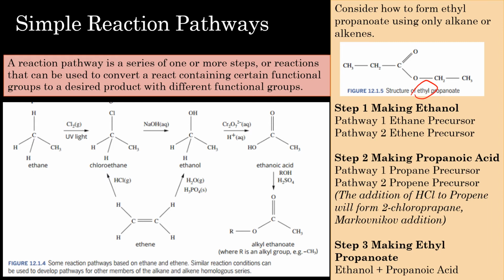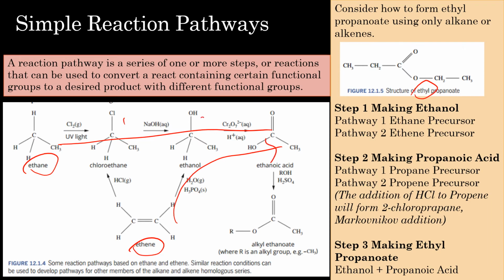We can also make propanoic acid. Now we want to start with what? Propane. So just pretend that that's a prop and that's a prop there, or propene. So we can use a propene precursor or a propane precursor. And is it going to be easier to do that step or those two steps?